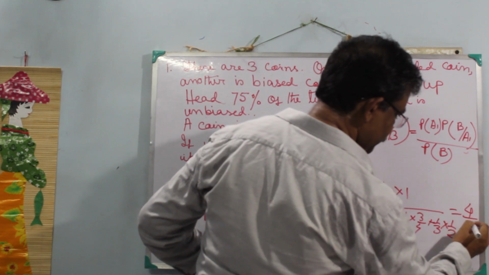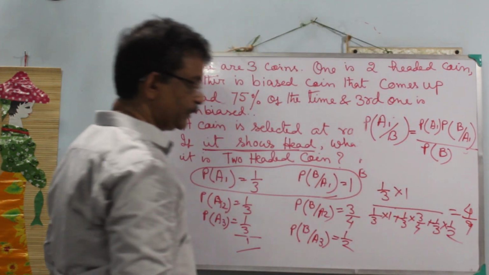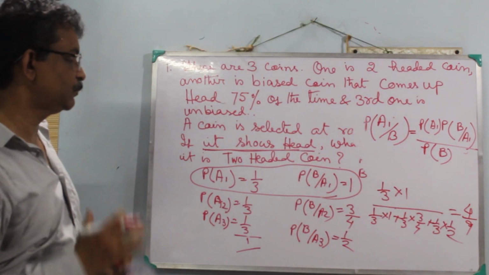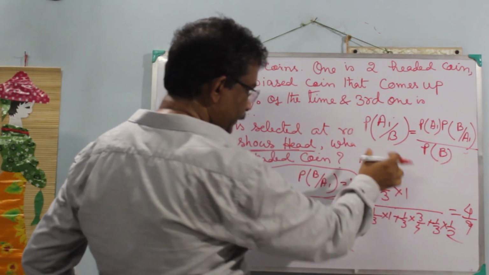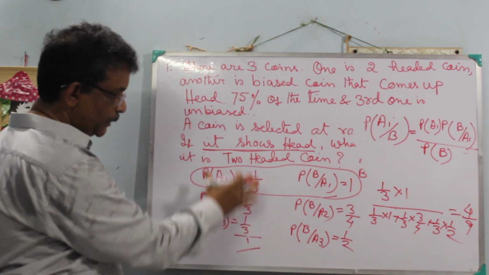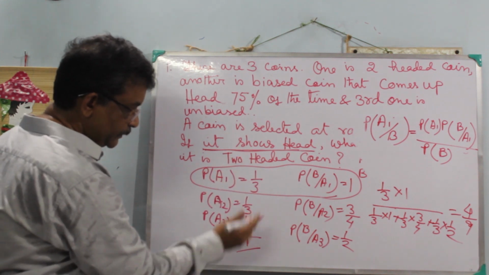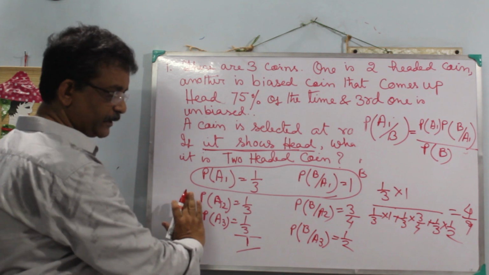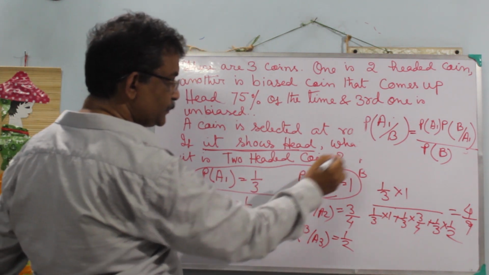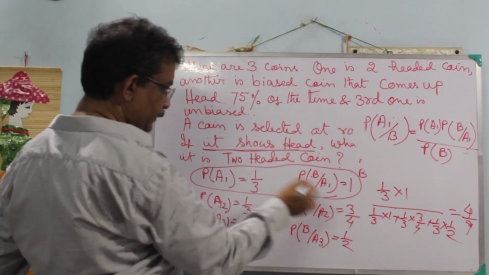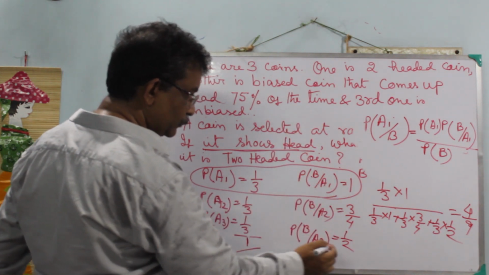You will be able to calculate this fraction to get the answer. So first, what would be our effort? First, take the events A1, A2, A3. The sum of the probabilities must be 1. Take those probabilities on the left hand side. And now the probability of B, that is the event head occurred when A1 is selected, note it down.